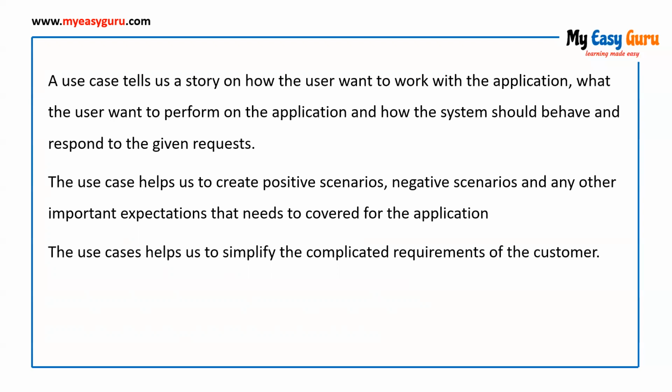The use case helps us to create positive scenarios, negative scenarios, and other important expectations that need to be covered for the application. The use cases help us to simplify the complicated requirements of the customer.